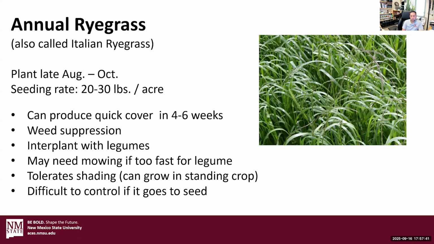You can interplant this with some legumes like the pea that I mentioned before. You may need to mow if it grows too fast for the legume because it can sort of shade it out and the legumes won't be able to grow. It does tolerate shading, but this one, because it grows so fast and establishes really quickly, it can be difficult to control if it goes to seed. So you need to be pretty careful with this one if you start seeing seed heads develop.